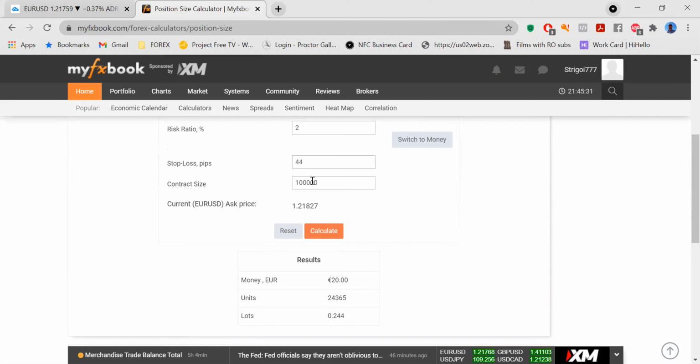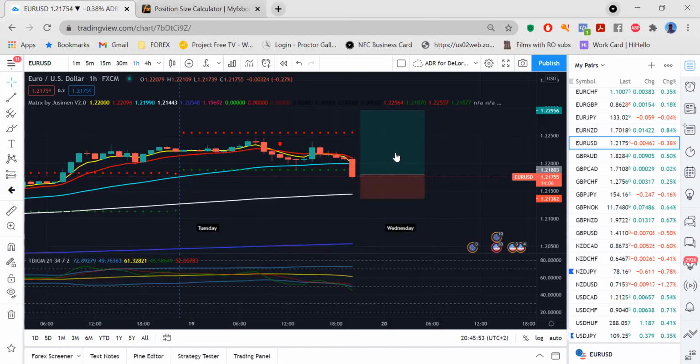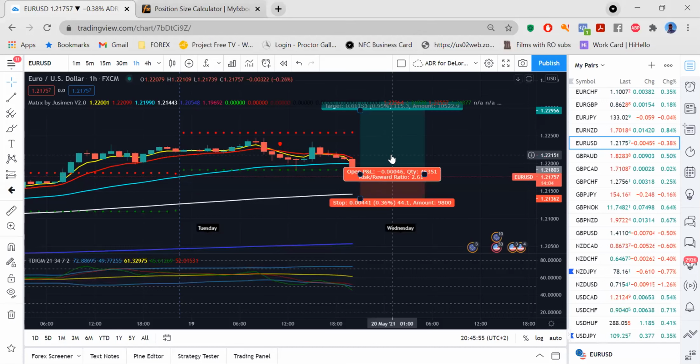So anyway, now I've calculated my lot size because I have a stop loss of 44.1 pips. I open my Metatrader. I change my lot size to 0.05 or 0.06 because you're only allowed 2 numbers after the decimal point, at which point I press buy. I then go back to my trade, click modify, put in the stop loss.